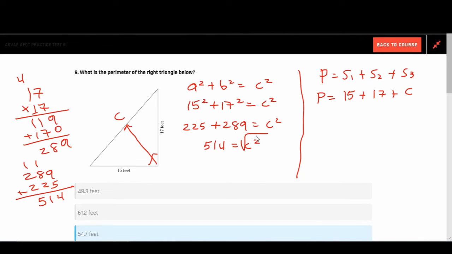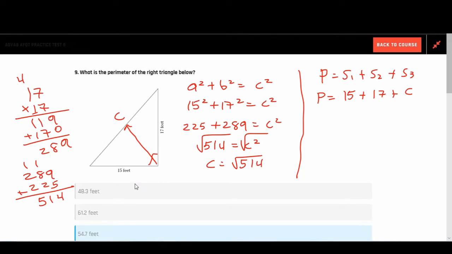Let's take the square root of both sides. This is c equals the square root of 514. Now this is where we may run into some trouble. I know that the square root of 514 is not going to be a whole number. But that said, we've got to find a way to estimate it, to plug into c here, that allows us to quickly and accurately solve this problem.